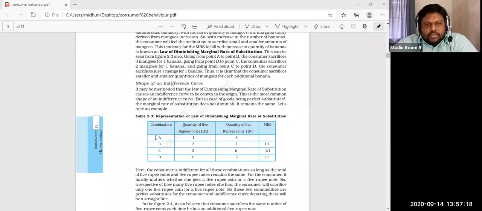Now we are going to complete the features of an indifference curve. The first one we already discussed, the shape of the indifference curve.